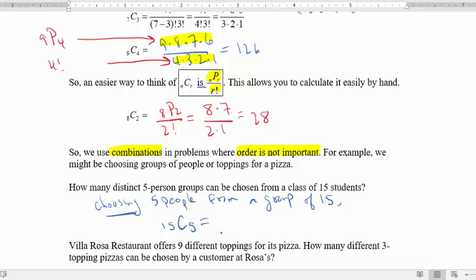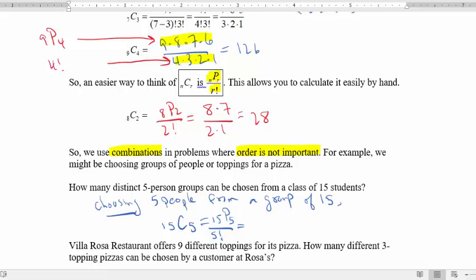right? And again, if you have the button on the calculator, just punch it in your calculator. So 15C5, but it's probably a good idea to get in the habit of writing it out. So 15C5 really means 15P5 divided by 5 factorial. Because the idea is, if you do 15P5, it's a permutation where the order matters, and the reason you're dividing by 5 factorial is you're dividing out all the duplicates, basically.